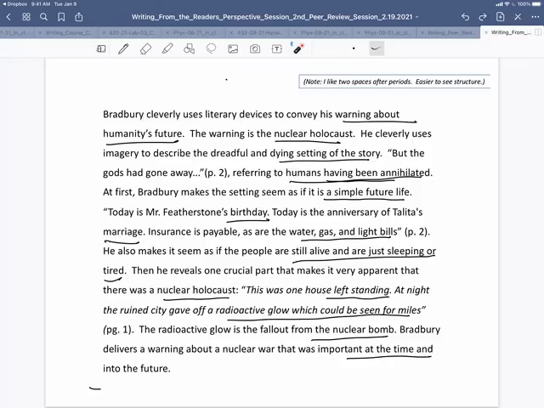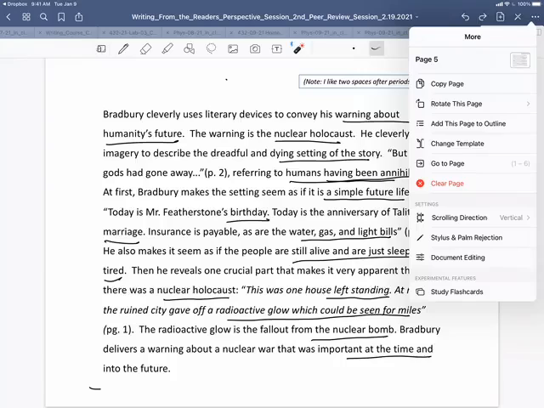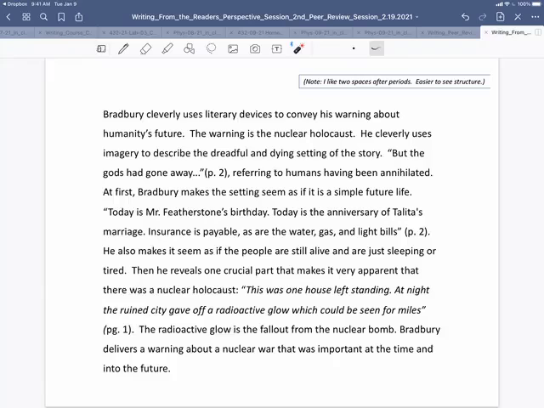And now I want to look at the Who stories really quickly. Bradbury, warning, he, the gods, Bradbury, Mr. Featherstone, today, insurance, that's this middle portion that's about sort of normal life.